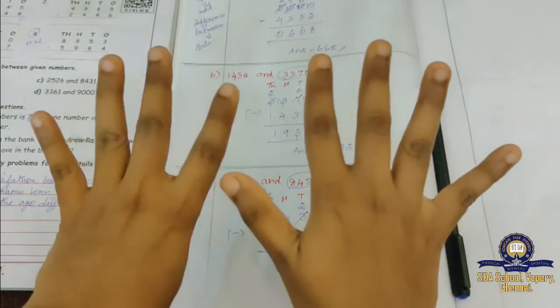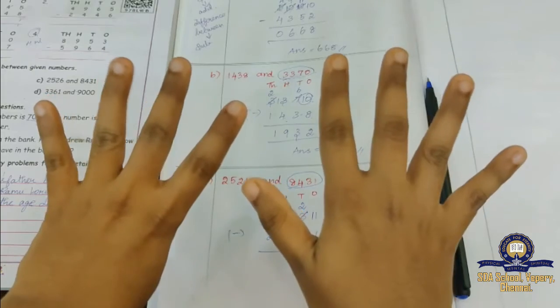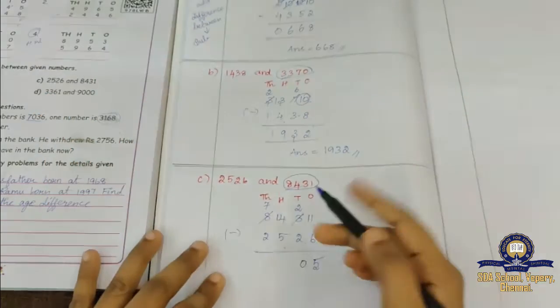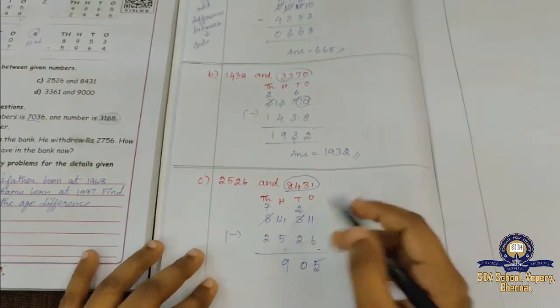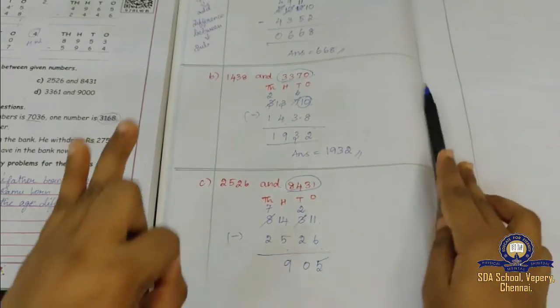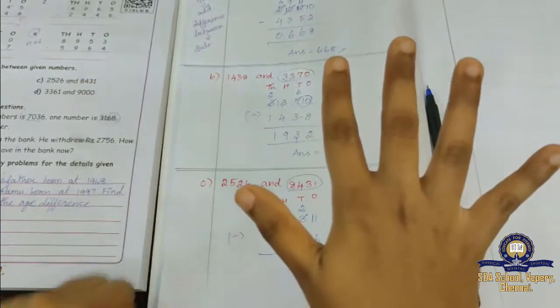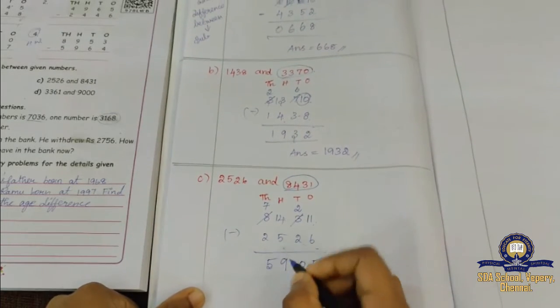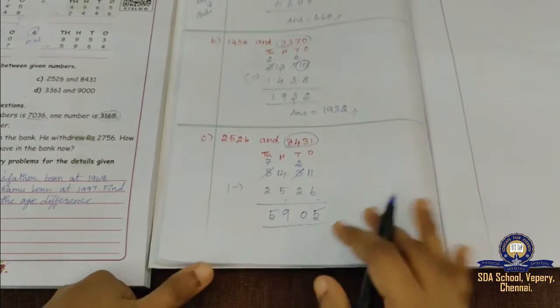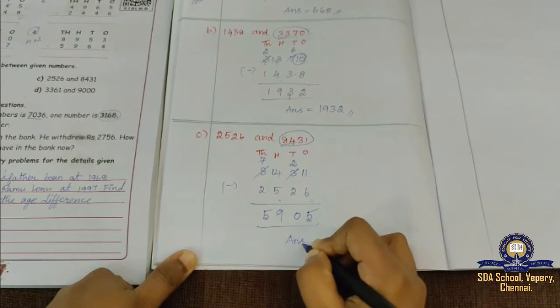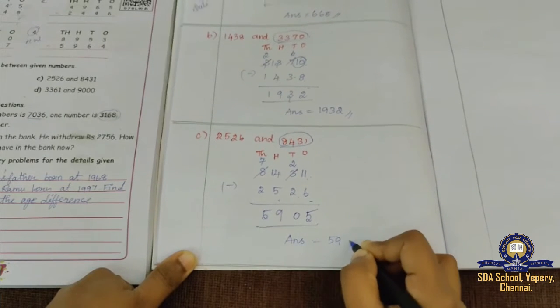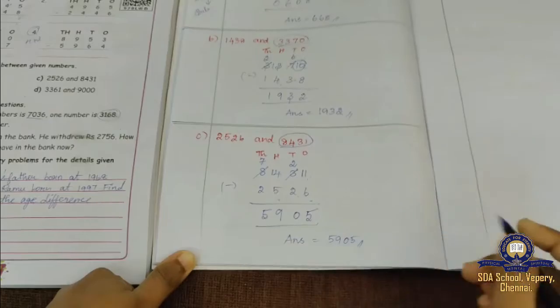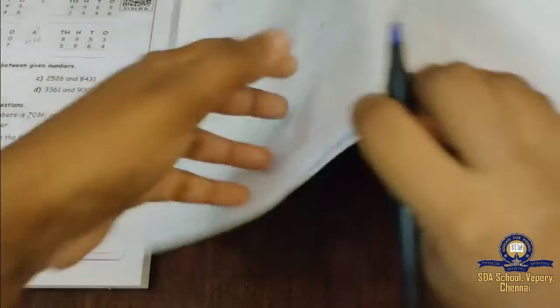So we got 14 in 9 fingers. So what is the answer? 9 is the answer. So what is 7 minus 2? Take 7 fingers, 2 minus, what is the answer? 5 is the answer. Good. Okay, the answer is 5905.